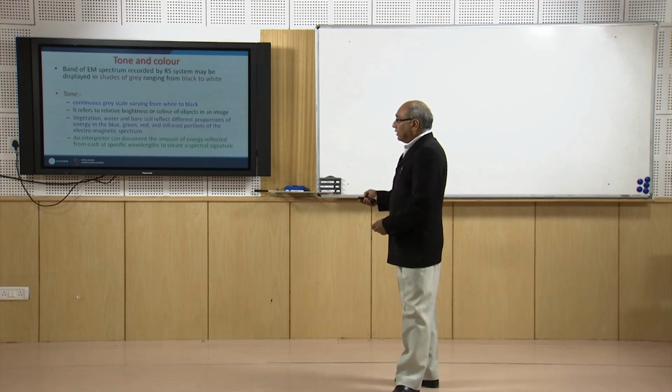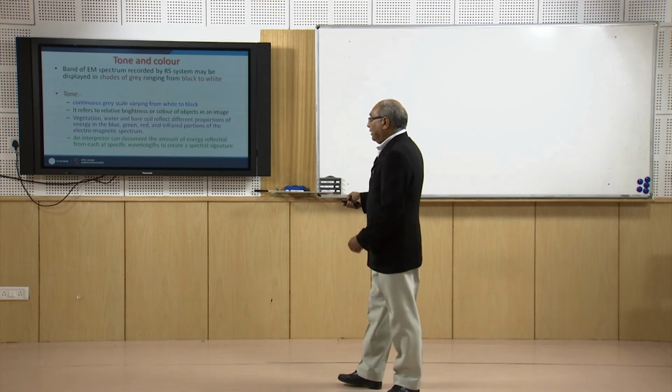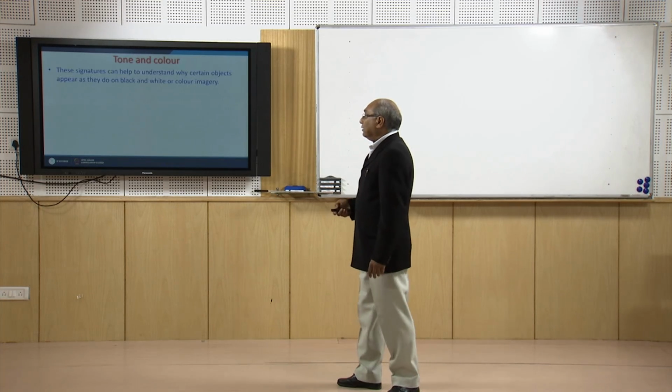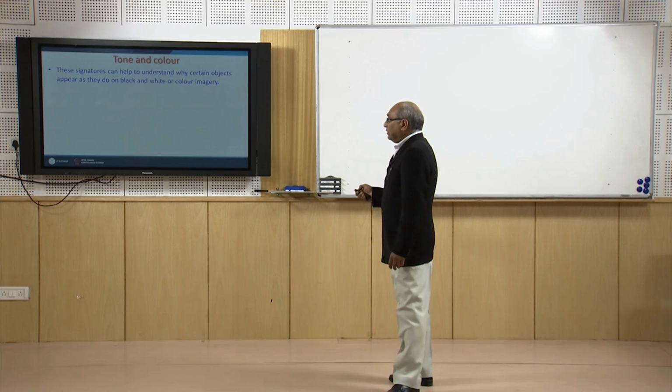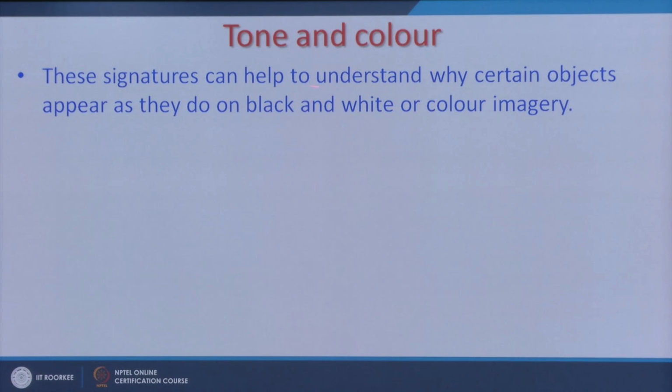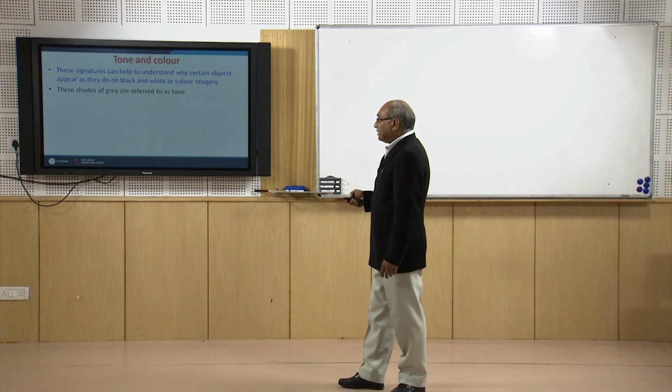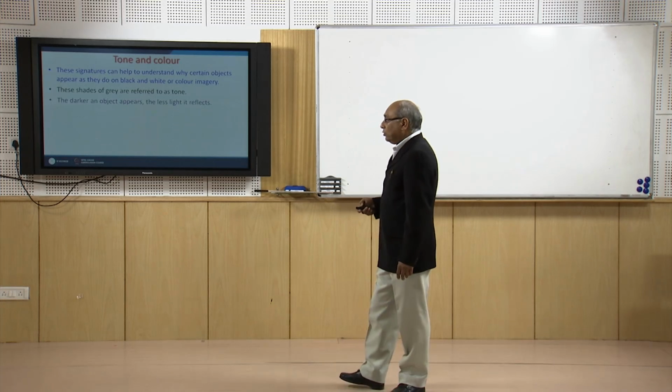Colors come when you combine 3 channels and make color composites, and these signatures of tone and color can help us understand why certain objects appear as they do in black and white or color images. These shades of grey are referred to as tone.